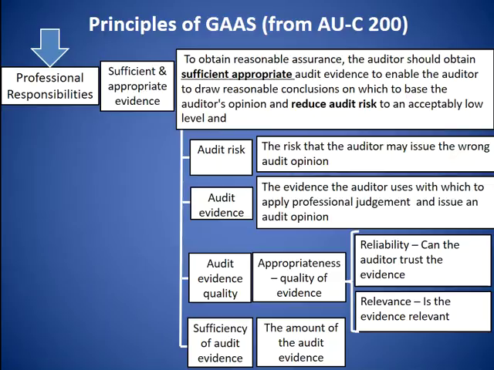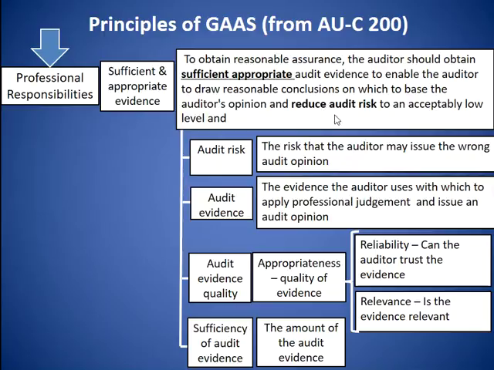So the way we can reduce our audit risk to an acceptably low level, in other words, not make a mistake, is to develop enough sufficient and appropriate audit evidence so we can draw a reasonable conclusion about the audit opinion.